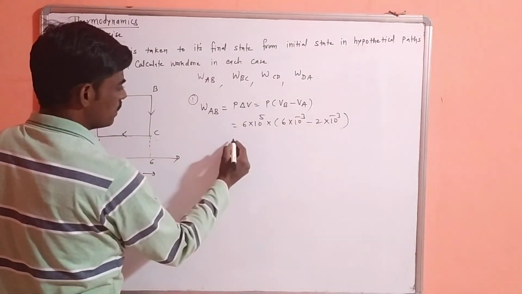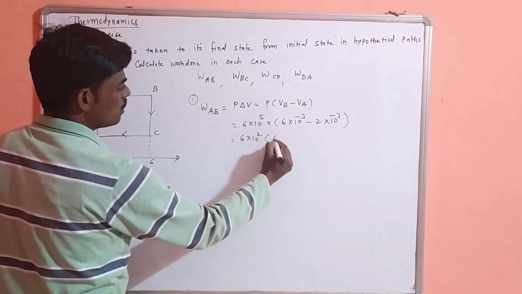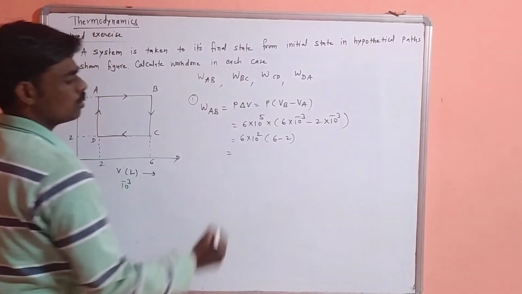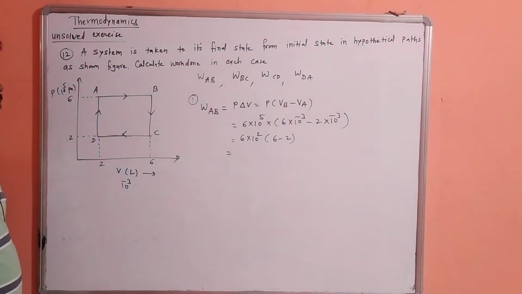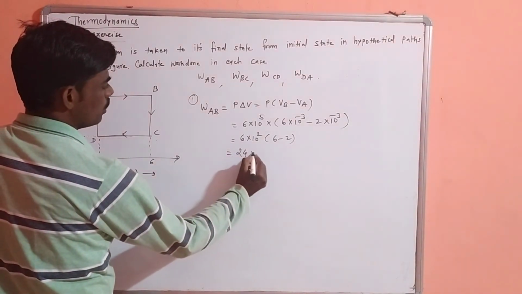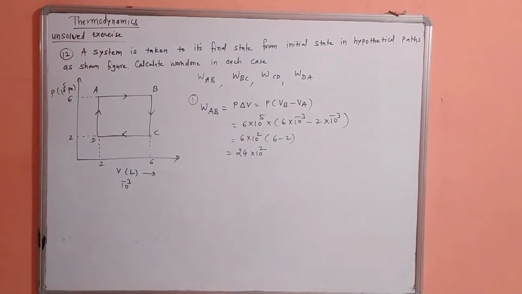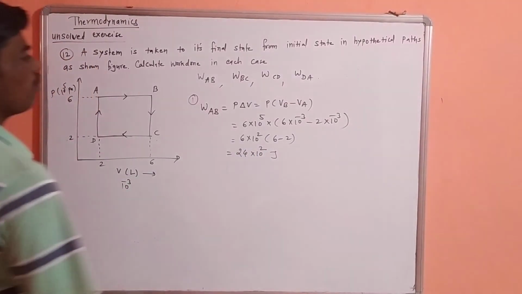Take 10 raised to power minus 3 common here. Now it becomes 6 minus 2, that is 4, and 24 into 10 raised to power 2. This is the amount of work done in joule.